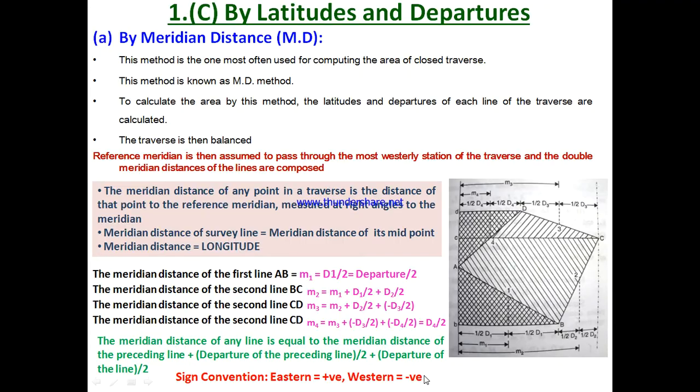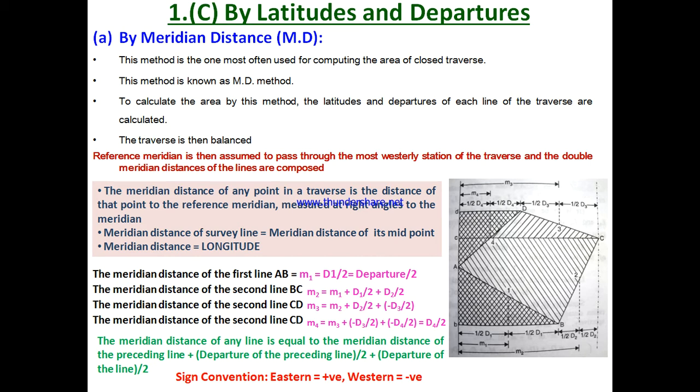So to begin with, the first method of latitude and departure, that is the meridian distance. Now in this particular method, or I can say in all the methods, first we need to determine the meridian value. This meridian value can be determined with the help of the departure measured for each station of a survey line.